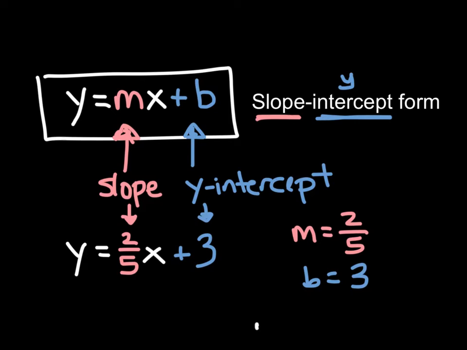So if it helps, you can think of b equals 3 as meaning the same as (0, 3). So b equals 3 means the y-intercept is at 3, which means 0 on the x-axis, 3 on the y-axis. So you can keep that in mind.